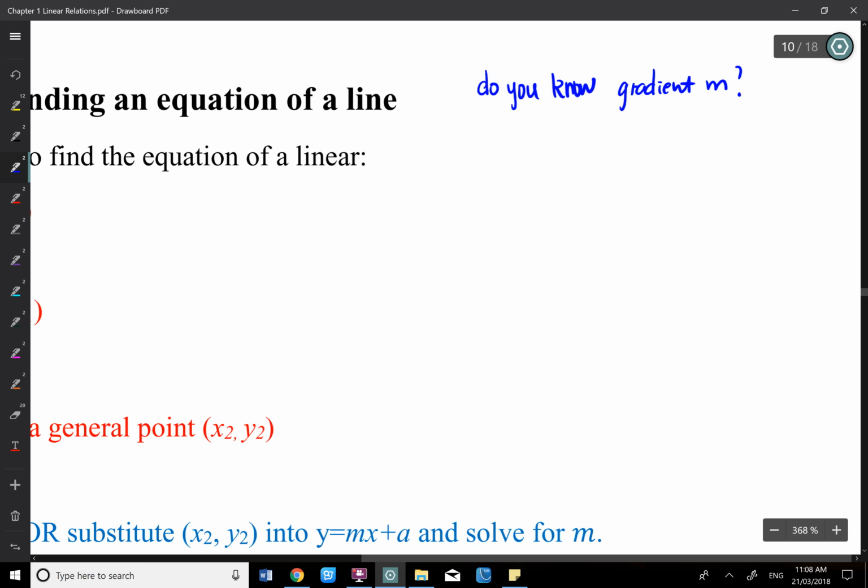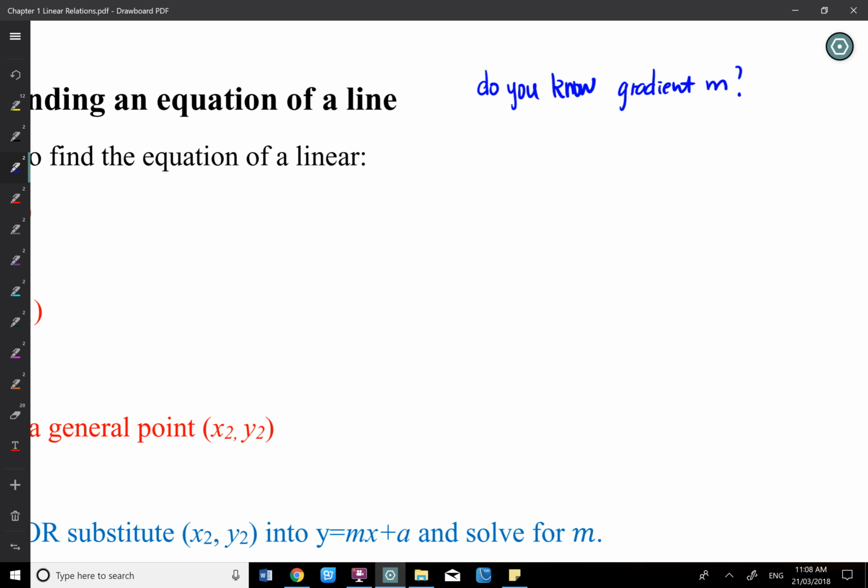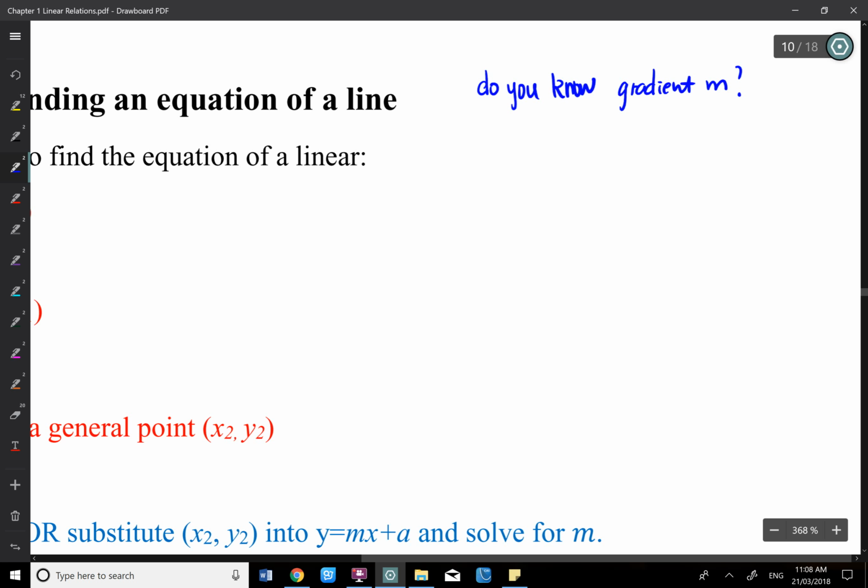Can you tell me what the gradient is? If yes, my question will be, do you know the y-intercept?